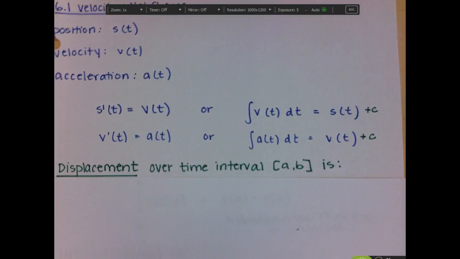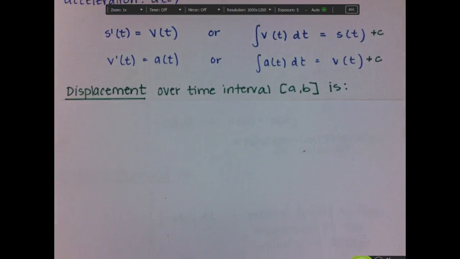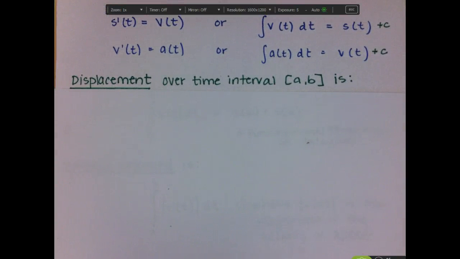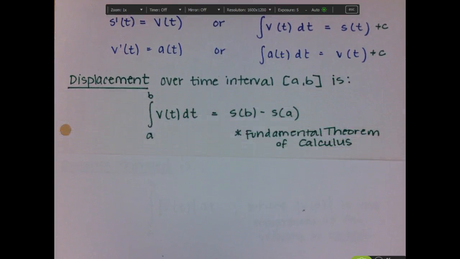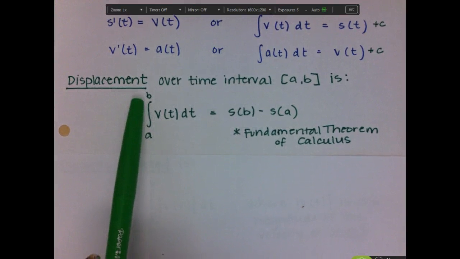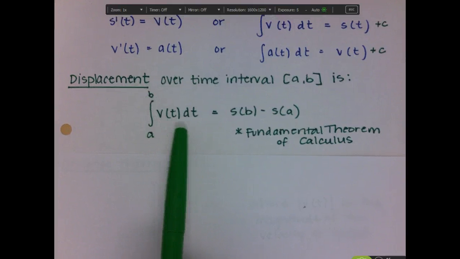All right, another definition that might be familiar from Calc 1 is displacement. So displacement is something that's calculated over a time interval starting at time A and ending at time B. So displacement from A to B is defined as the integral, lower limit A, upper limit B, v of t dt.